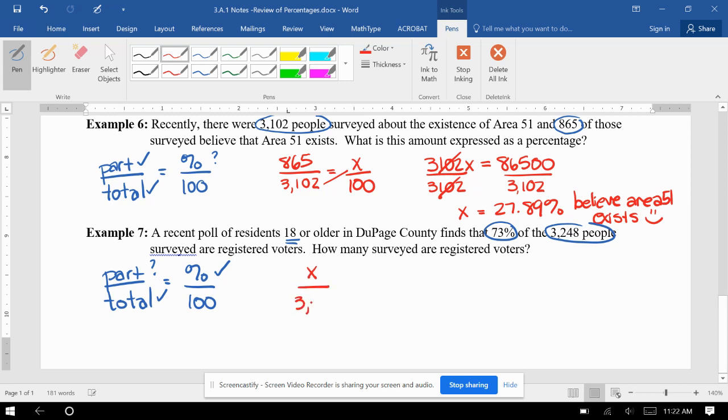We do know that 3,248 people were surveyed. We do know that 73% of them are registered to vote. And we go ahead and cross multiply, and move our 100 over. And we have approximately 2,371 people registered to vote.